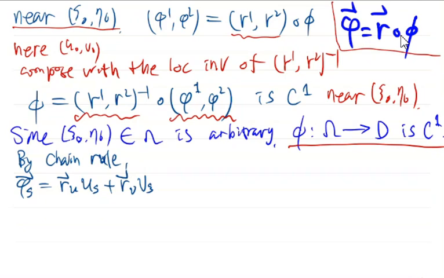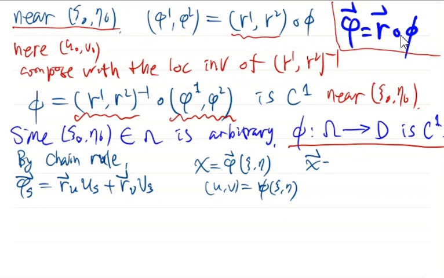That is, (u, v) is phi(c, eta). So x is also, that is, phi(c, eta) is R of phi(c, eta).